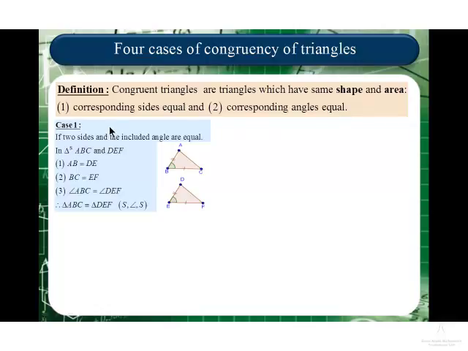So let's have a look at the first case where we can say that 2 triangles are congruent. We consider the triangles ABC and DEF. So in this case, if 2 sides and the included angle, interior angle that is, of a triangle are equal, then we can say that the triangles ABC and DEF are congruent.